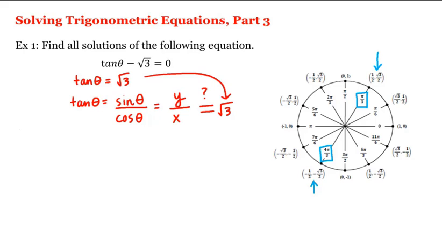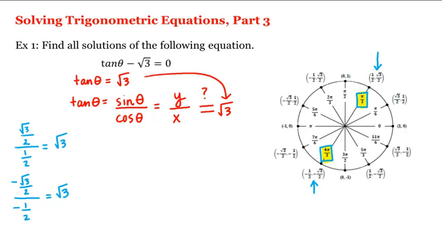That is, square root of 3 divided by 2 divided by 1/2 is equal to the square root of 3, and negative square root of 3 over 2 divided by negative 1/2 is also equal to square root of 3. Which means that the tangent of both of these angles here will equal square root of 3.